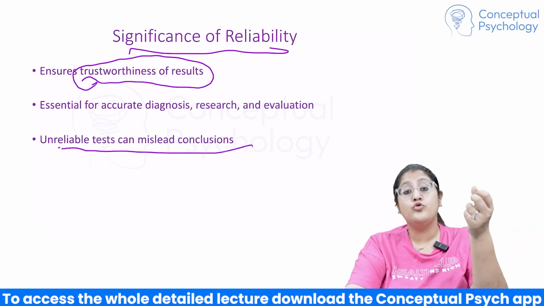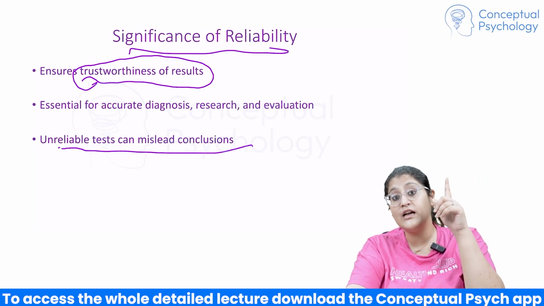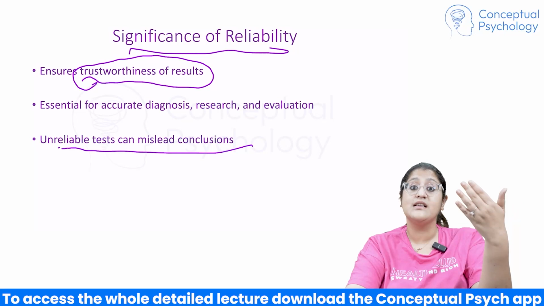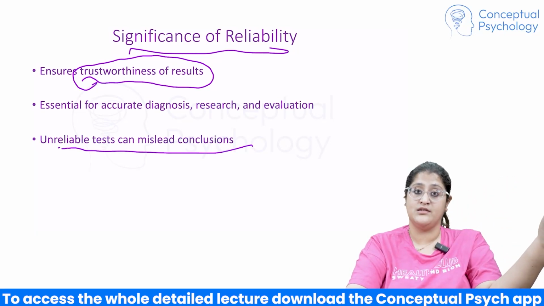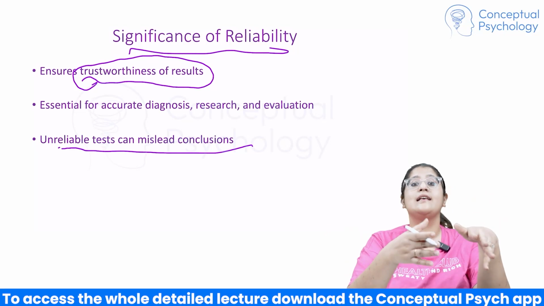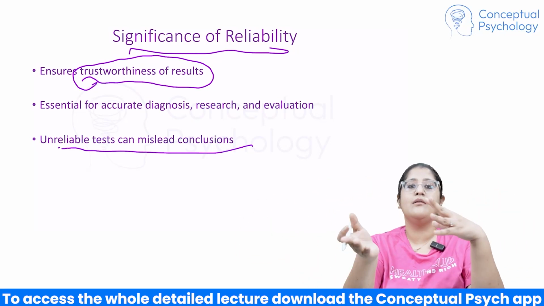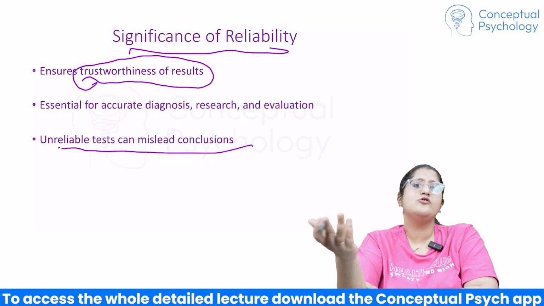See how dangerous it is, because you can start your treatment based on the results. The person may actually get the wrong treatment, right? And then when this test is performed by another clinician, the results become really skewed. It shows that this person is not depressed at all.